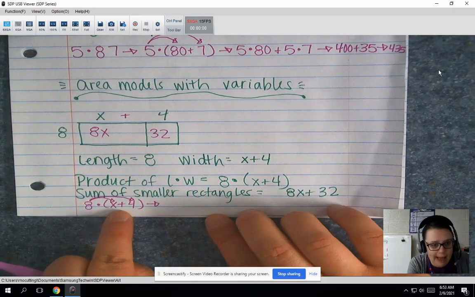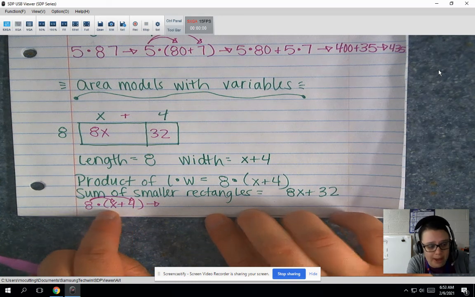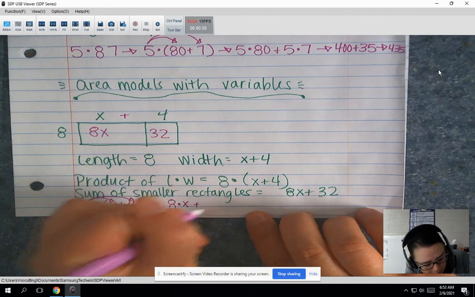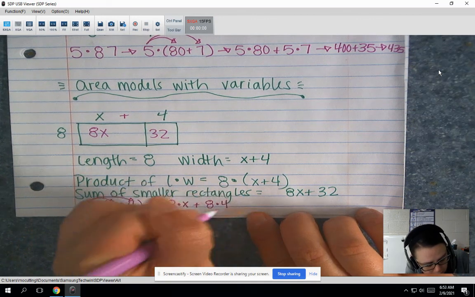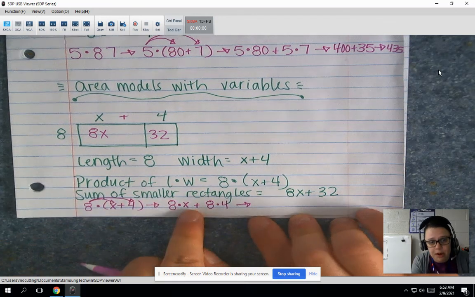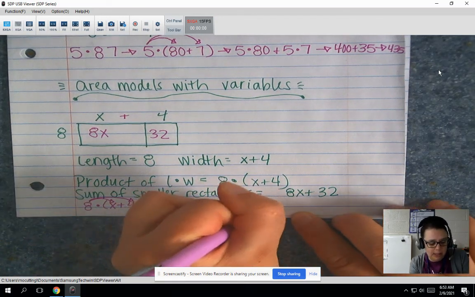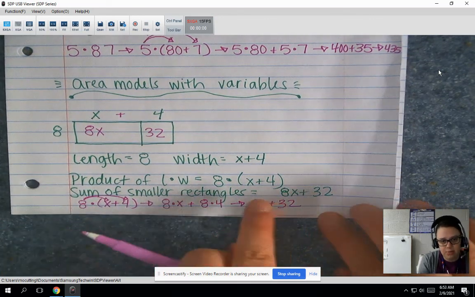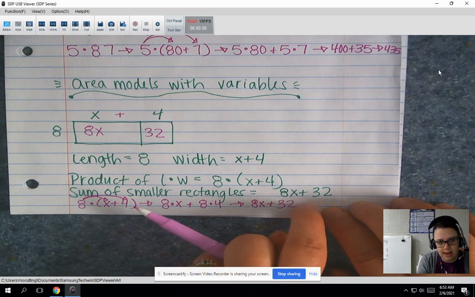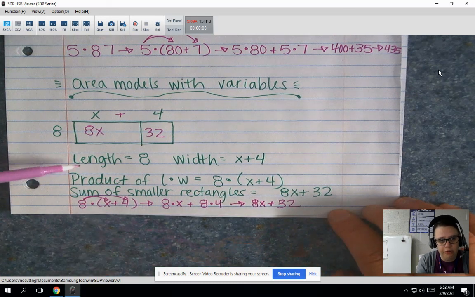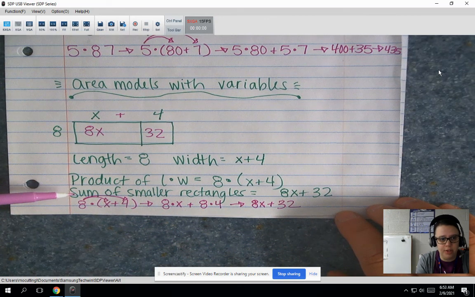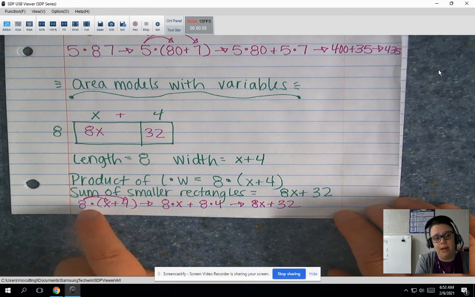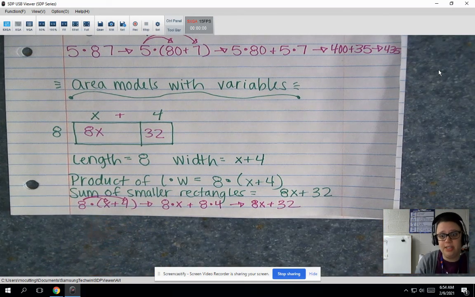So instead of having to add x plus 4 first and then multiply it by 8, we can do 8 times x plus 8 times 4. And we know 8 times x is 8x, and 8 times 4 is 32. Hey, guess what? That is the same thing that I got up there. So I can go from the product of length times width to the sum of those smaller rectangles by using the distributive property, by breaking it out of that parentheses jail.